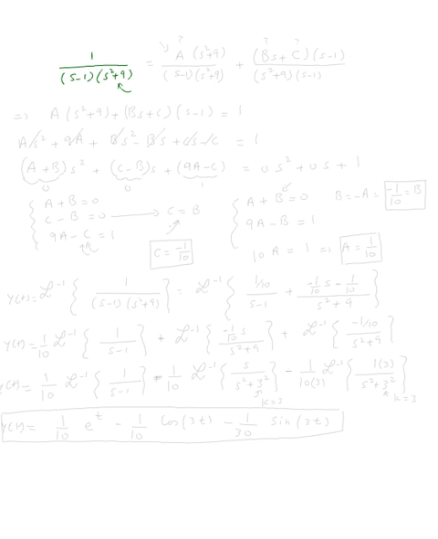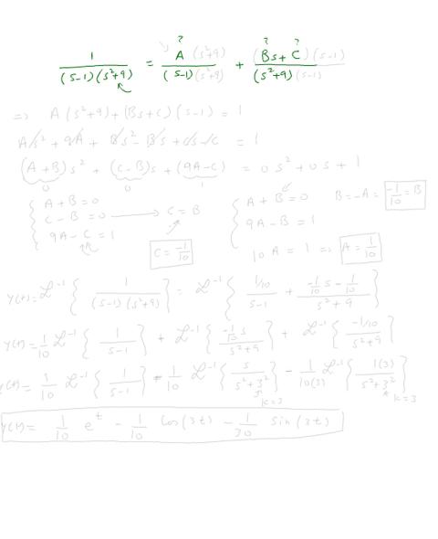Since s squared plus 9 cannot be factored into linear factors because it doesn't have real zeros, we have to rewrite this as a over s minus 1 plus bs plus c over s squared plus 9. And then we need to find a, b, and c.